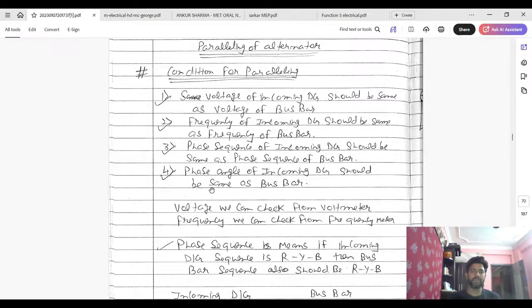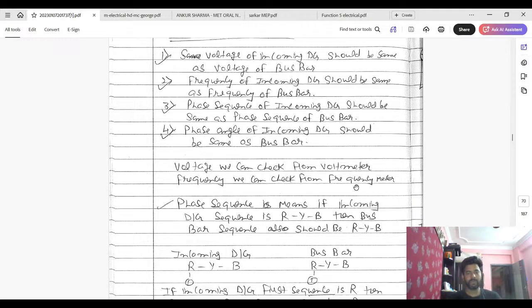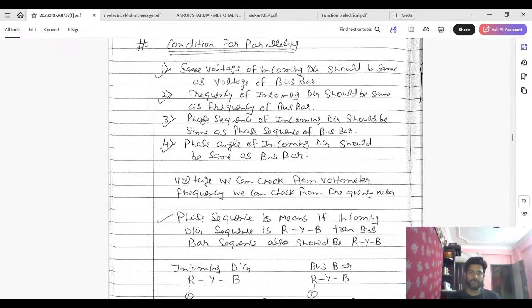The fourth one is phase angle of incoming DG should be same as the bus bar. What is this phase angle? First we'll see the phase sequence of the incoming DG.